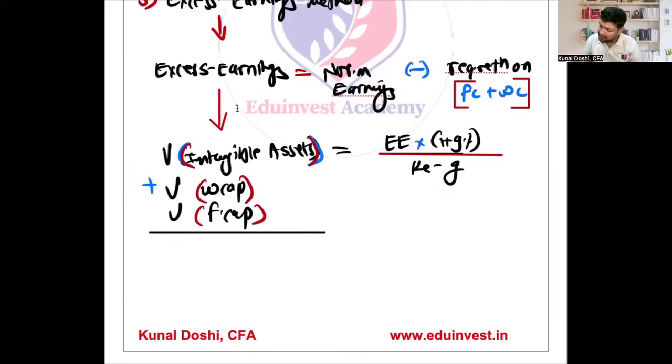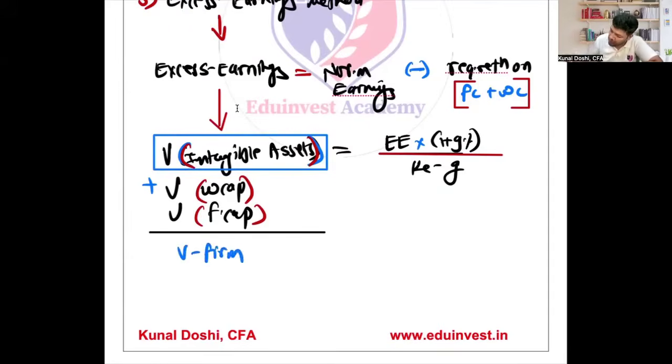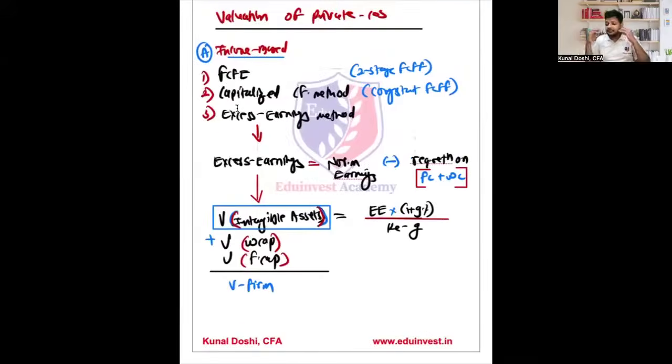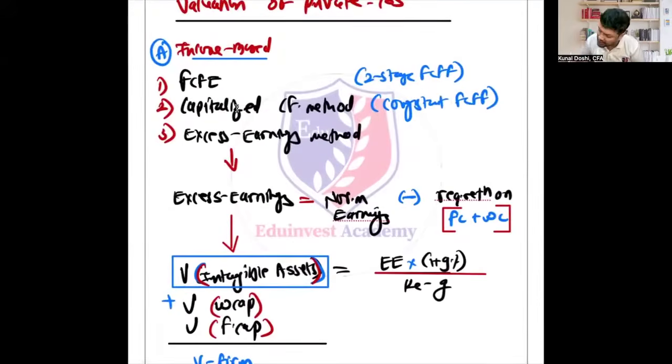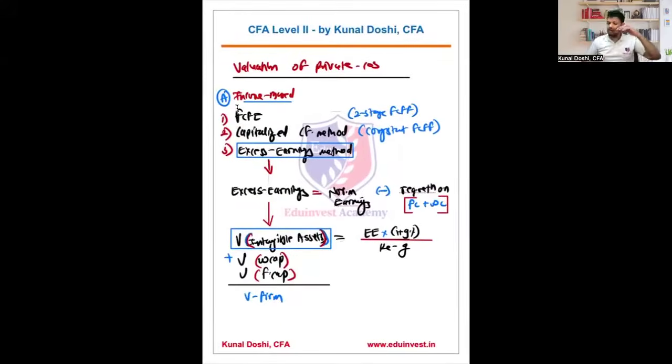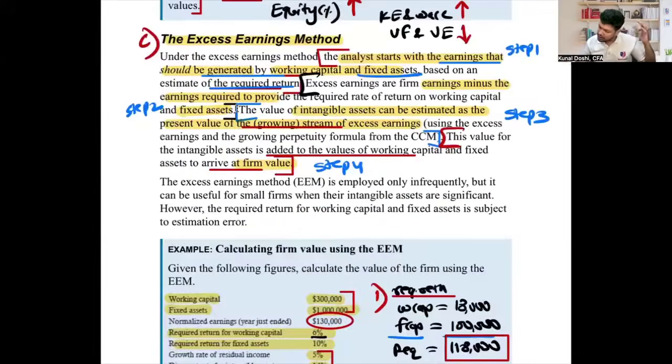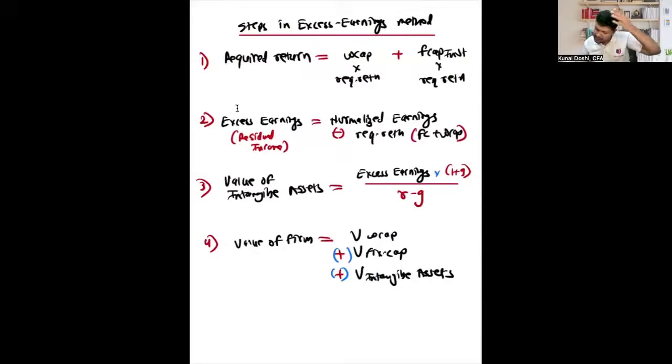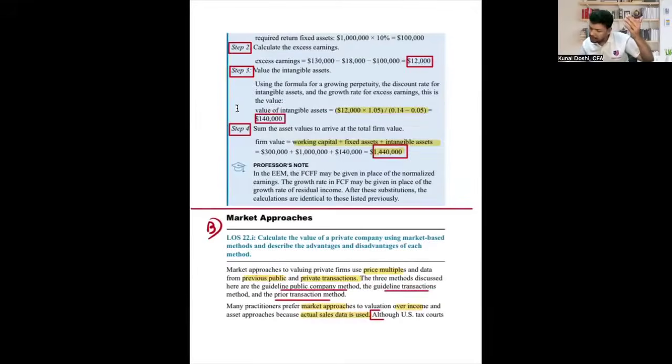So first I will derive the value of intangibles, the present value of the future excess earnings, and combine that with the fixed and working capital. That will give me the value of the firm. This is a very different approach, the excess earnings method, not there in any other models that we used in the past. Clear, everyone? Right?